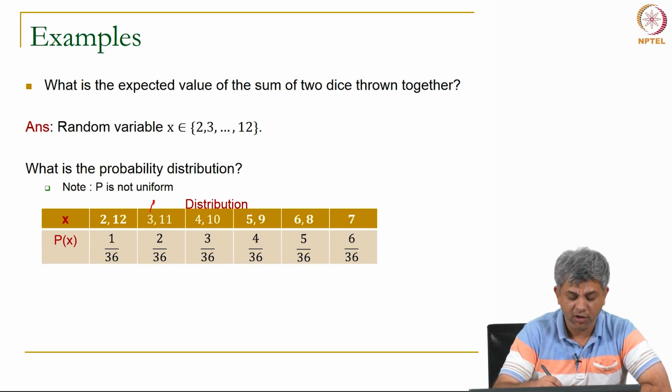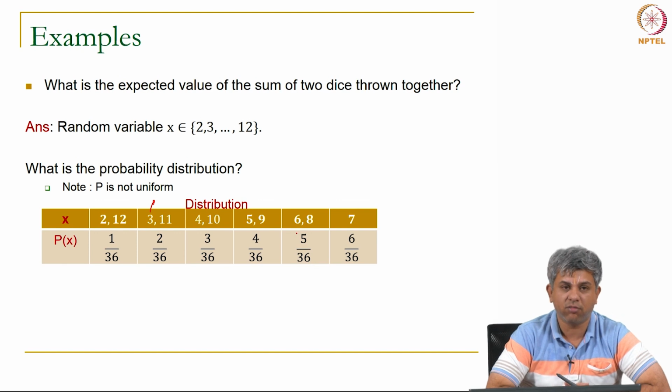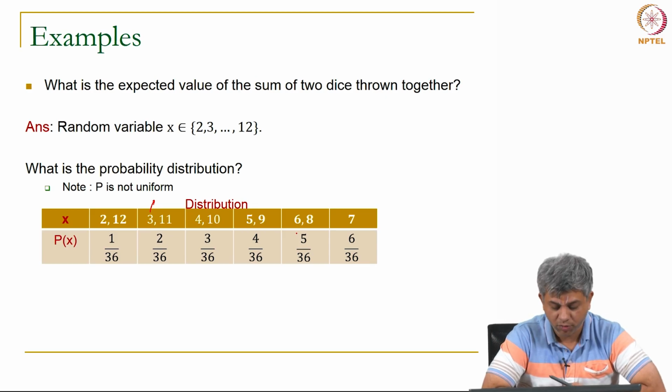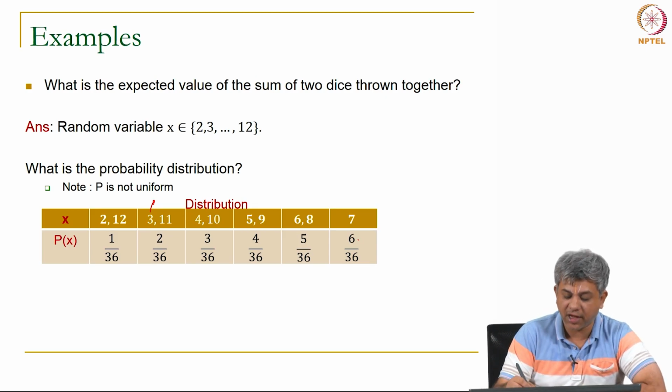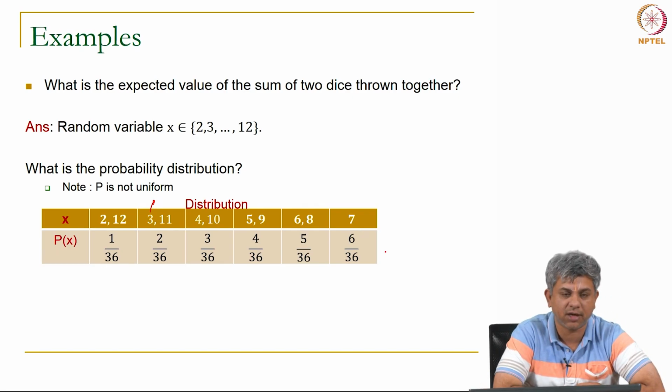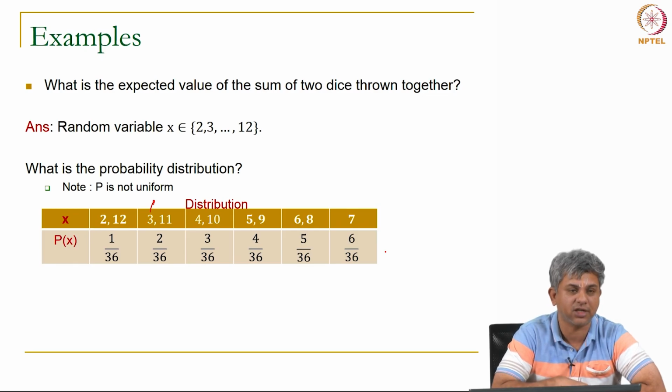Similarly, for 4 you have 3 ways, for 5 you have 4 ways, for 6 you have 5 ways, 1 5, 2 4, 3 3, and 5 1 and 4 2, that put together. 7 can actually occur in 6 different ways, and so these are the probabilities. So, notice that unlike the previous examples that we took, in this case p of x is an actual non-uniform distribution.